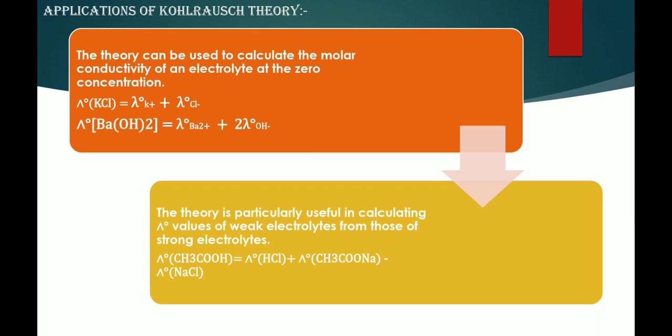See here, capital lambda naught CH3COOH is equal to capital lambda naught HCl plus capital lambda naught CH3COONa minus capital lambda naught NaCl. So then we get the molar conductivity of acetic acid at zero concentration.